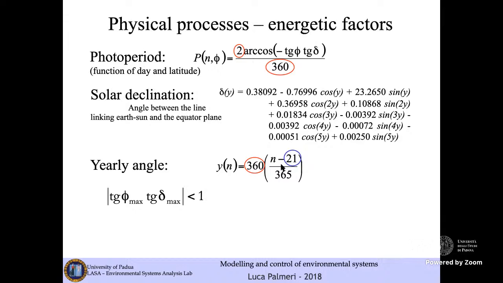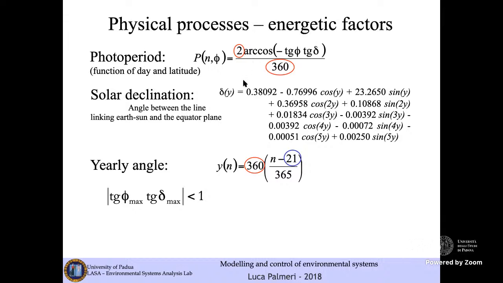We subtract 21 from n, where n equal to 1 corresponds to the 1st of March, because the 21st of March is the equinox. So this is the day of the year in which we have the same duration of light and dark. So it is the equinox.